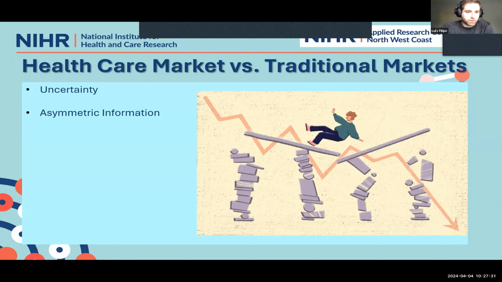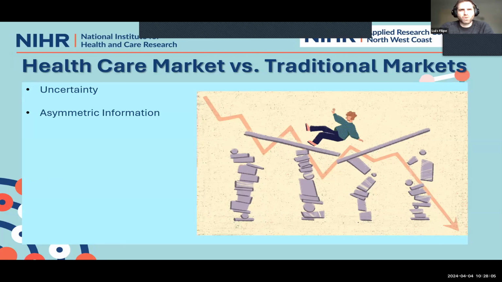So if you go to the hospital, you say, okay, I have a stomach ache, I have this, I have that. And the physician is the one that knows what you may have in terms of a potential disease or some health problem. This can create complications, and without going too much into detail, one of the complications can be supplier-induced demand, where the physician can make you do a little bit more than you should have to, potentially to make more money, for example.